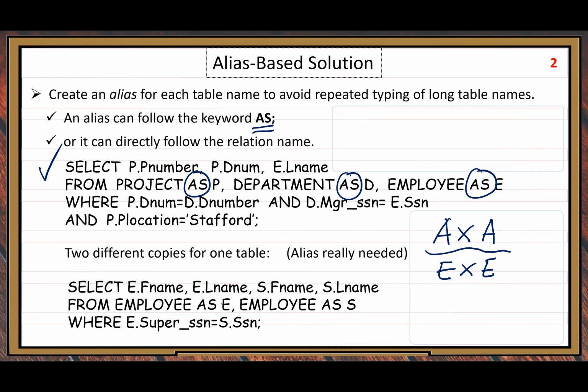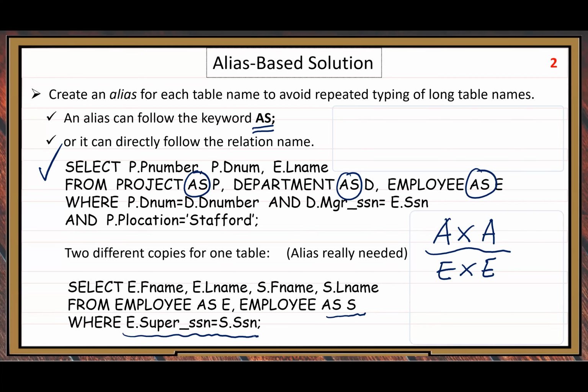We look at the SSN field, and we join them, connecting the SSN numbers in that way. So you can see this special case. You cannot omit aliases. Think about that.